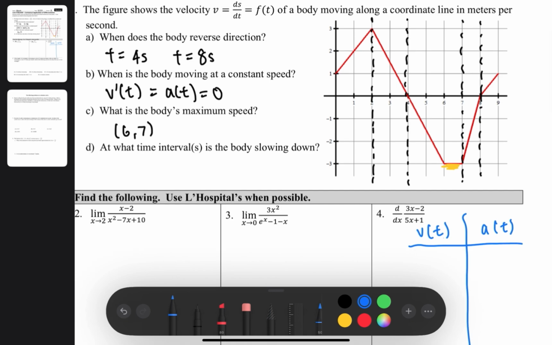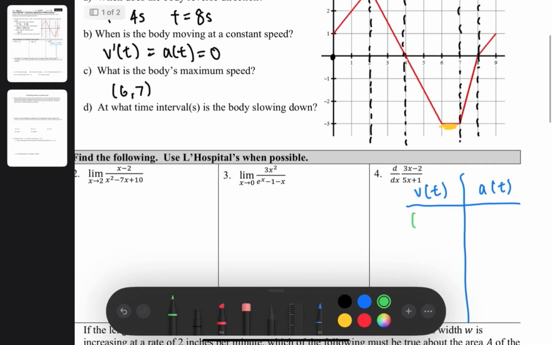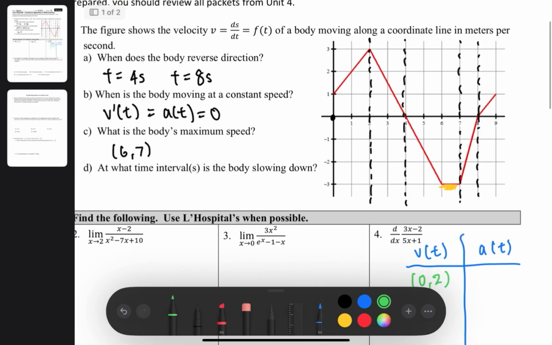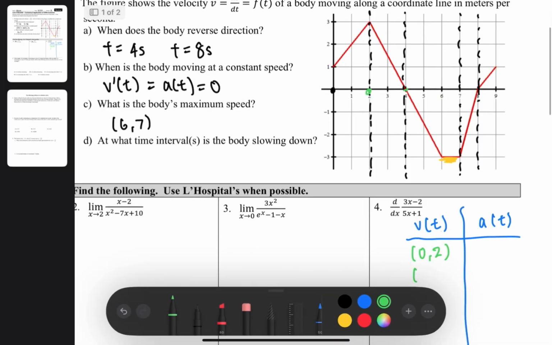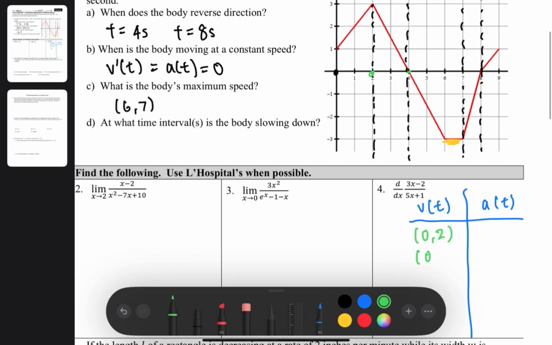From 0 to 2 seconds, the velocity is positive. So let's just write it in green from 0 to 2 seconds. Then from 2 seconds to 4 seconds, our velocity is still positive.